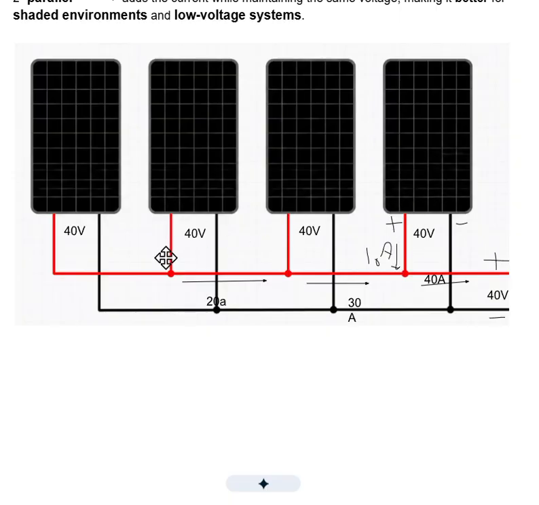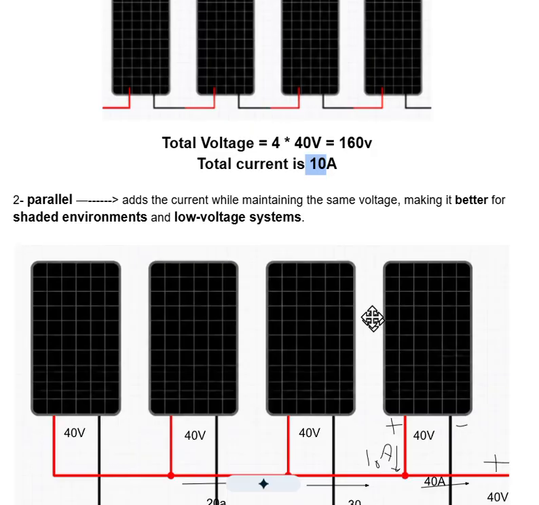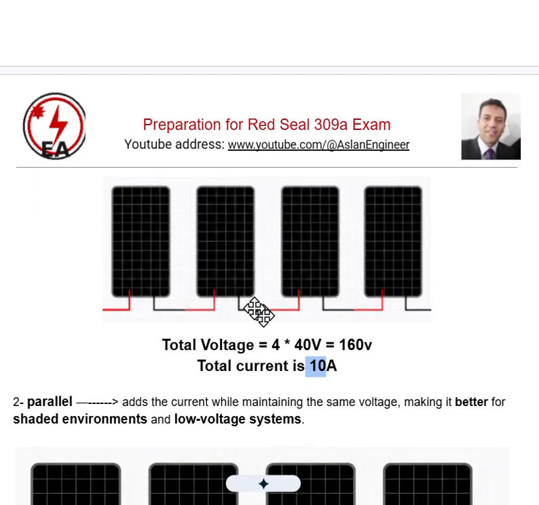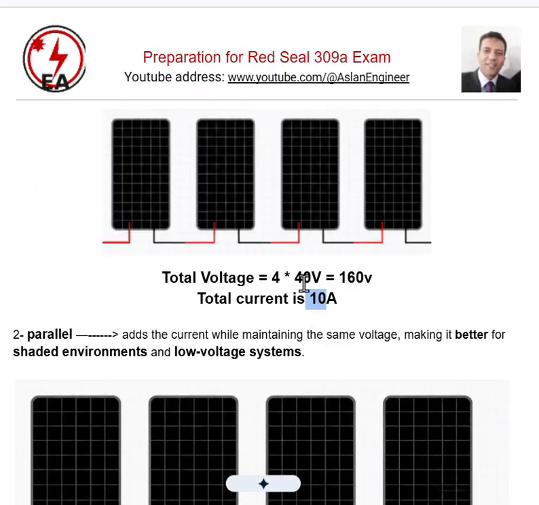Here we have 20 amp, here we have 30 amp, and 10 amp. We have 40 amp, so the total is 40 amp. So always parallel is for increasing the amp, series is for increasing the voltage of the panels.